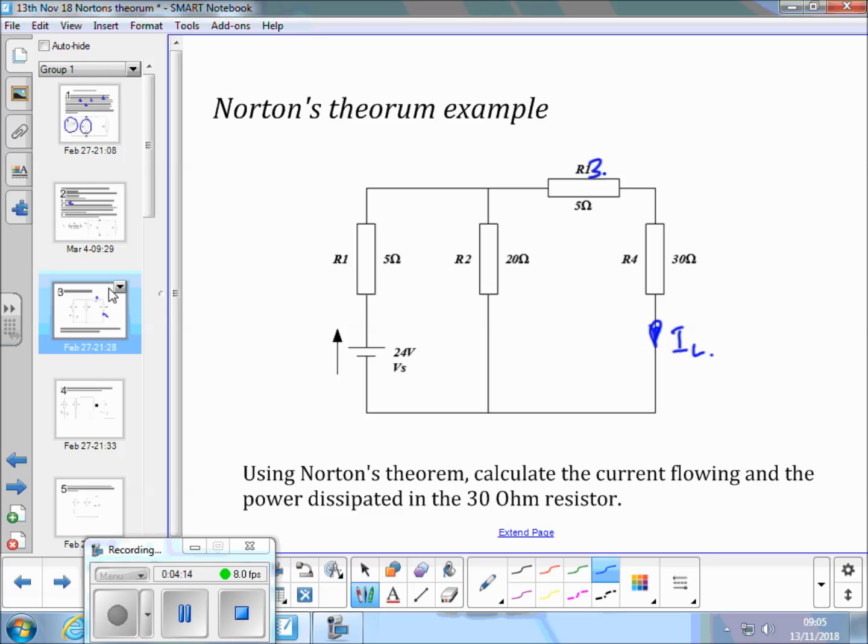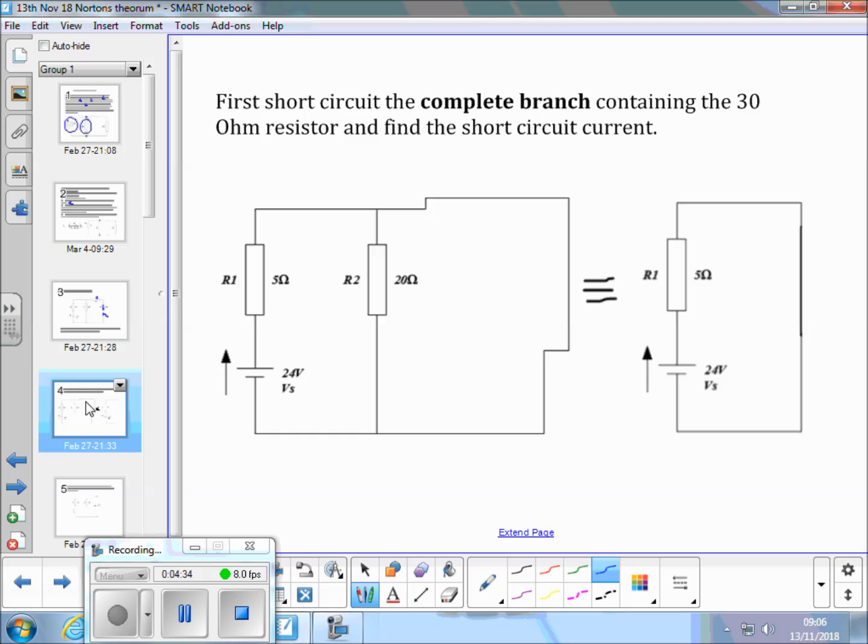Okay, so we're going to use Norton's theorem to calculate that current and calculate the power dissipated in this 30 ohm resistor here. So, first off, we take out the 5 and the 30 ohm resistor. We have to take everything in the branch out.